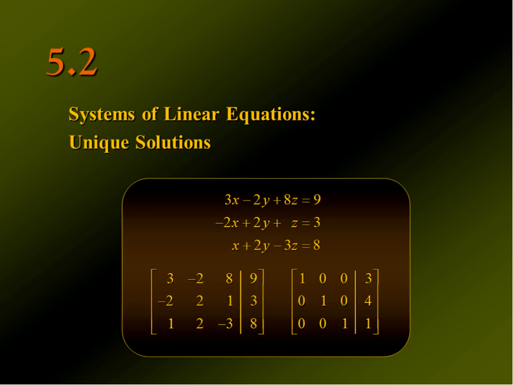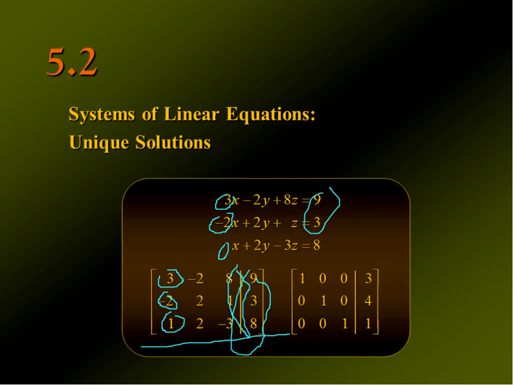If we have this type of equation, I write 3 over here, and 2, minus 2 over here, and 1 is here. I write 1 over here, and after that I draw a line, and after that I draw these things over here. So this matrix is called the augmented matrix.